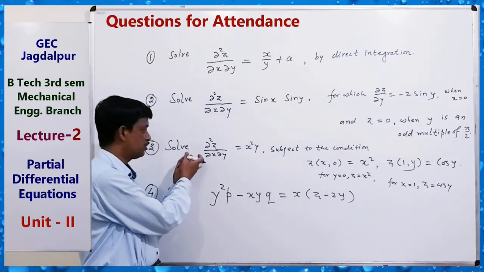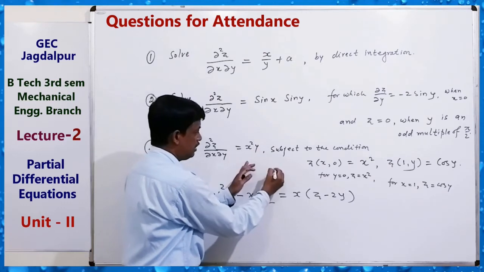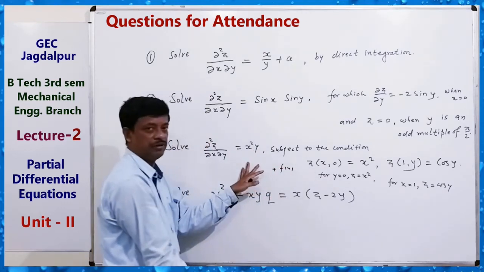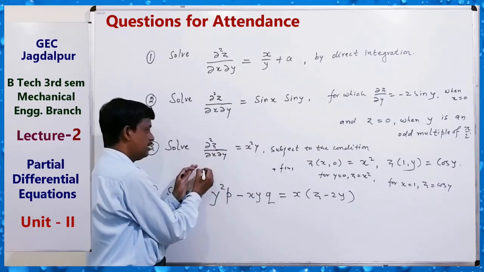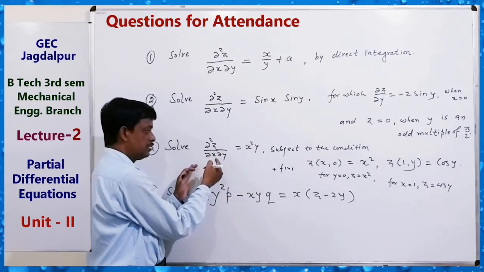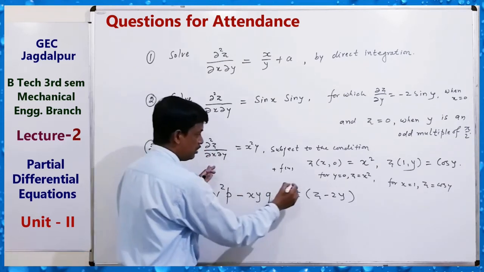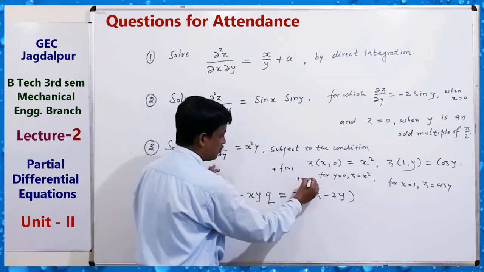First integrate with respect to x and add some constant, like f(y), and then again integrate del z by del y with respect to y, then again add some constant g(x).